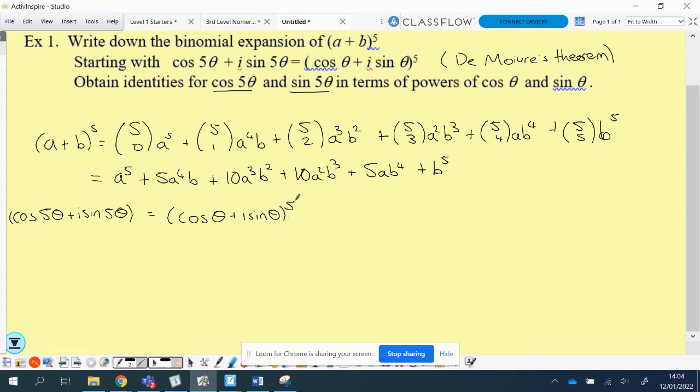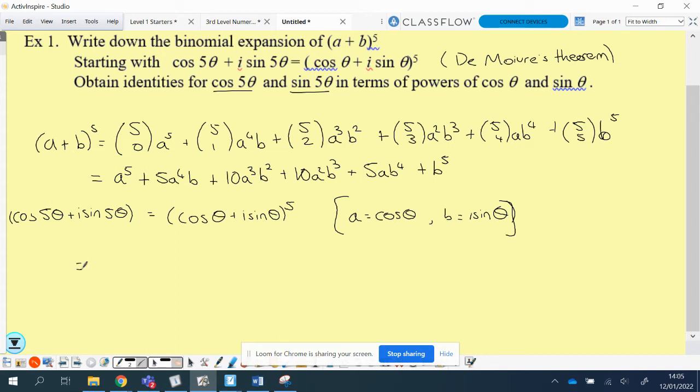And that is very similar to what I had with a plus b, just the difference is a is now swapped with cos theta, and b is swapped with i sin theta. So I'm going to note to myself that a is cos theta, and b is i sin theta. That way, when I want to work out the expansion to the power 5, I can just substitute it into my binomial one up front.